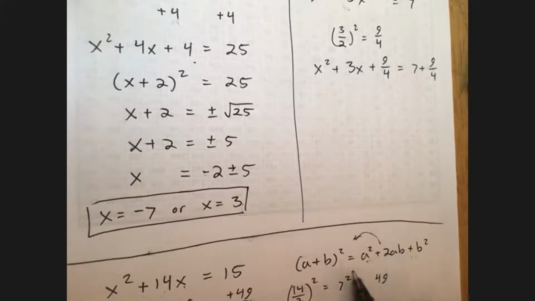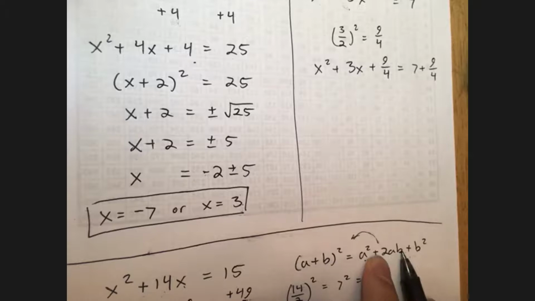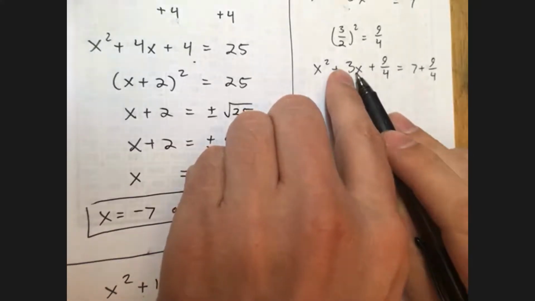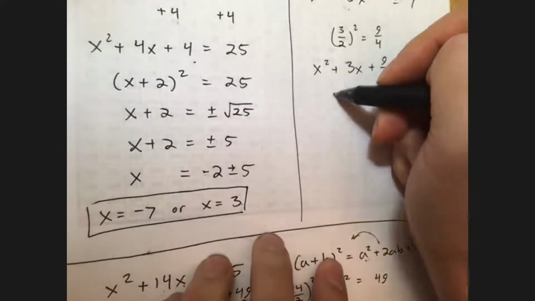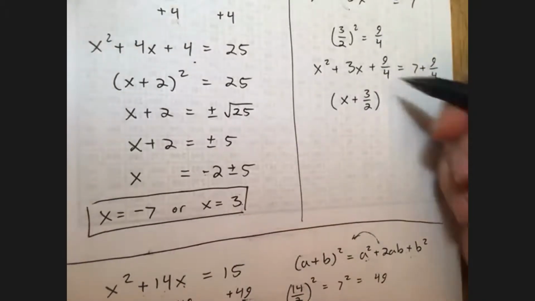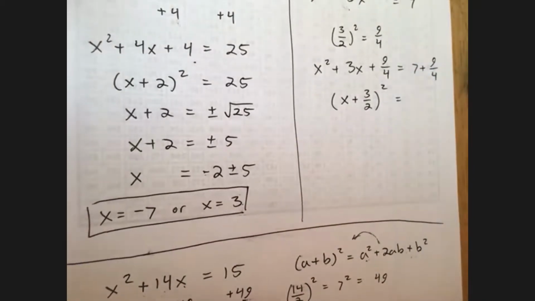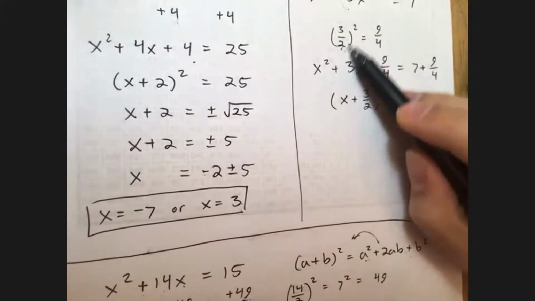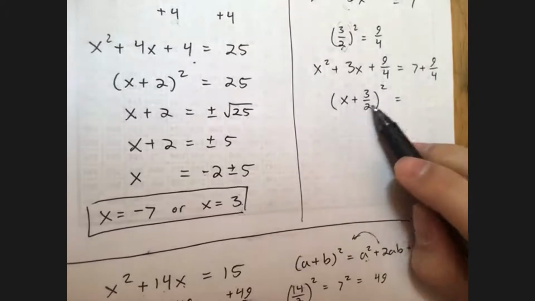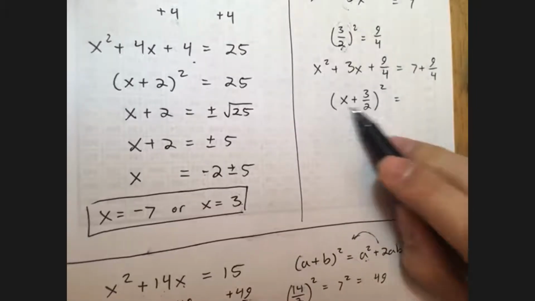The thing that goes right here that you add when you square, 2 times that is what appeared next to the x. So that thing must be 3 halves. So I know that my perfect square must be x plus 3 halves squared. Whatever this thing was, when you divide that by 2, that's what goes in here. And you can check it. If you square this thing out, you'll get this.